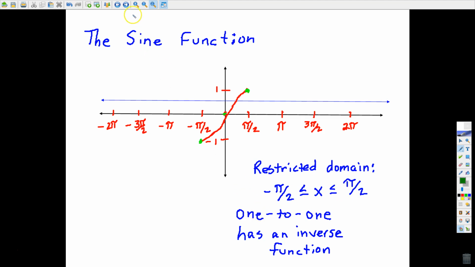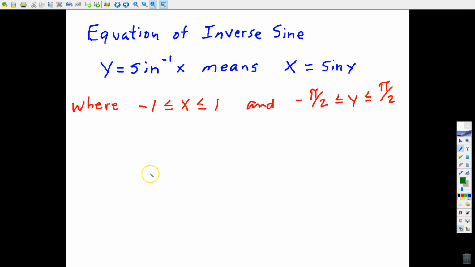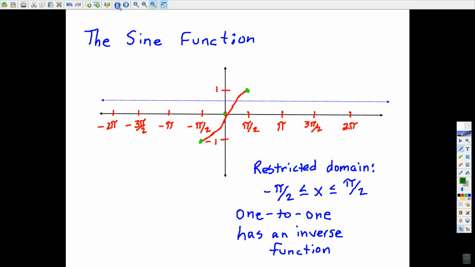Next slide, I just want to point out a couple of things, and then we'll move on to cosine. This number that you see as an input for the inverse sine function has to be between -1 and +1. Let me make that statement again that I made earlier in this lesson.